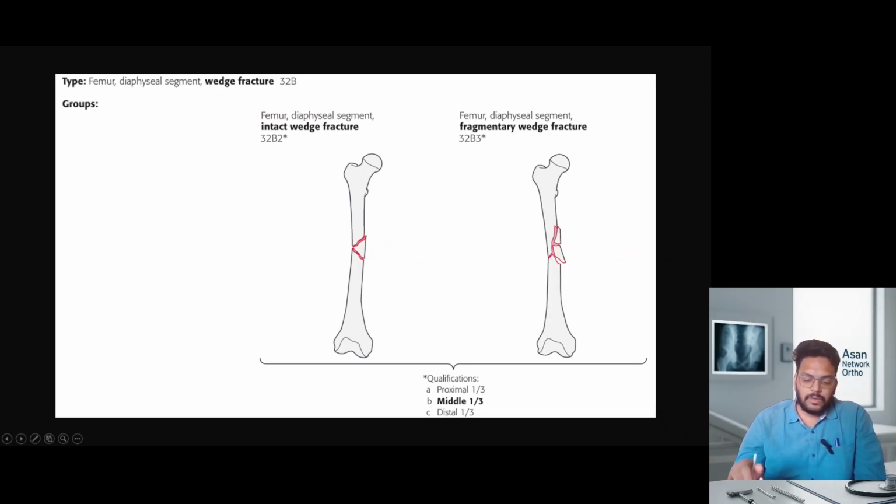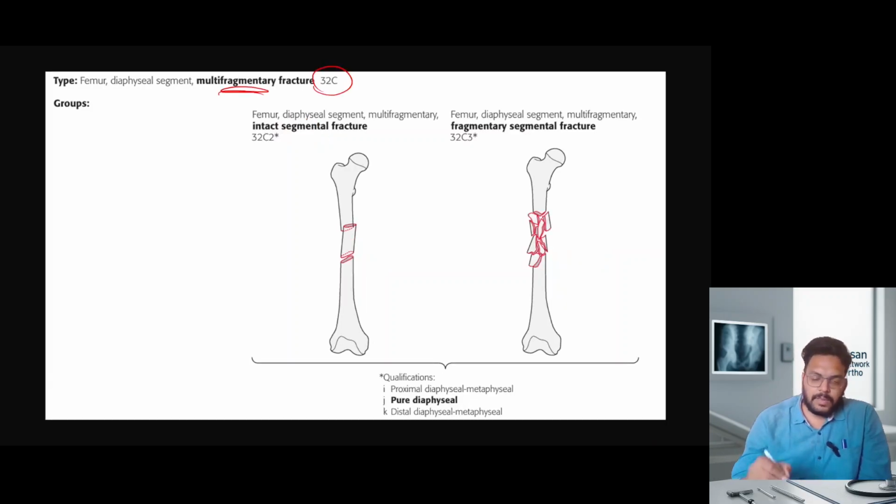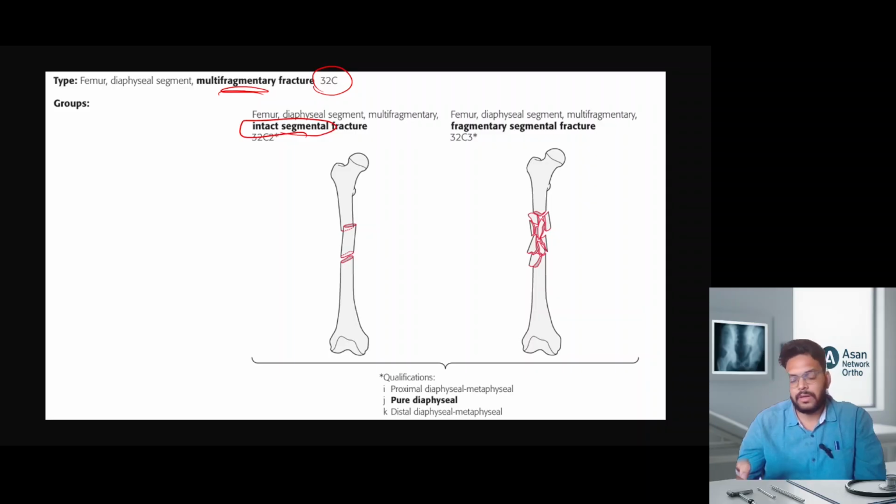Then 3-2B, where it's a wedge. If the wedge is intact, it is B2. If the wedge is fragmented, it is B3. Then 3-C is a multifragmentary fracture, where there are 2 consecutive fractures in the same bone.